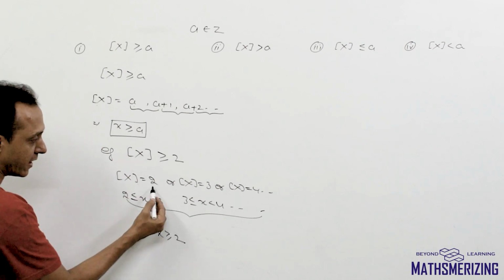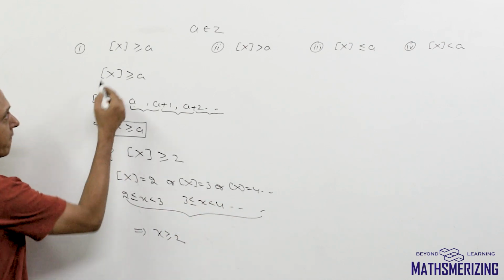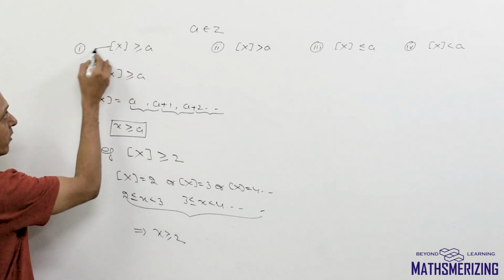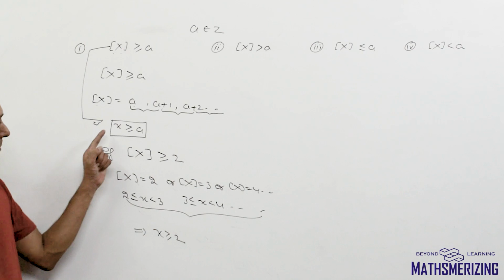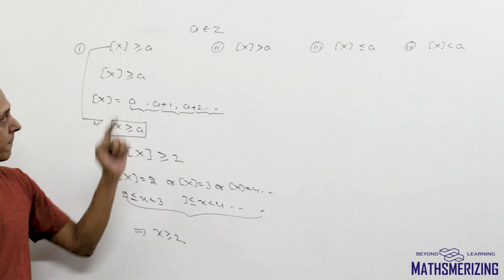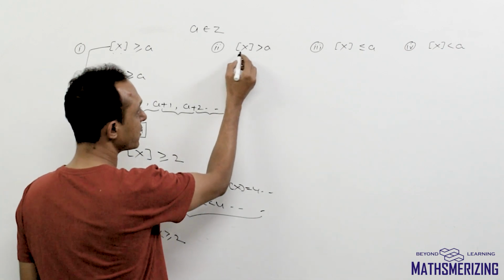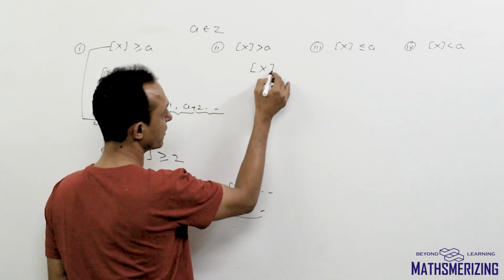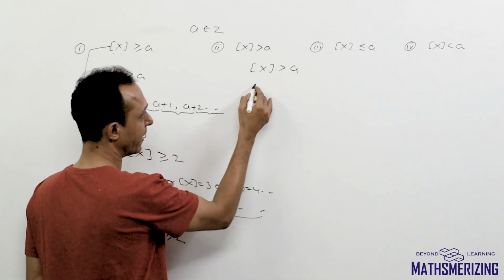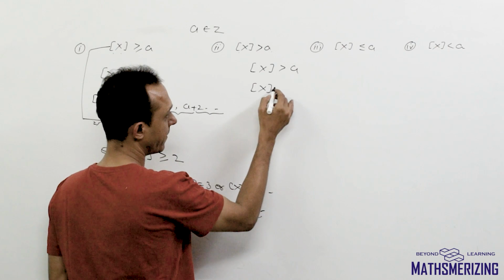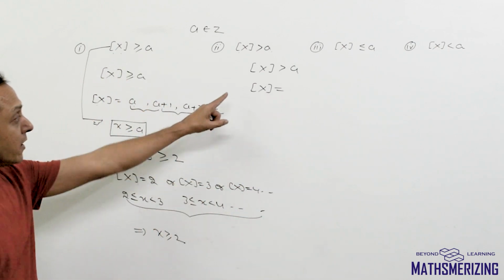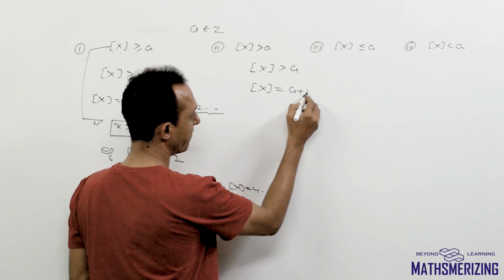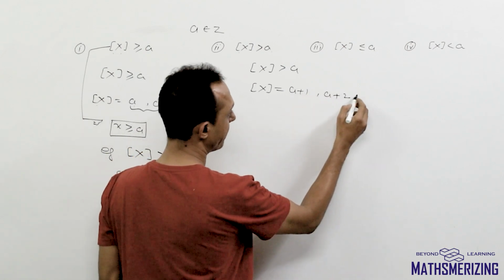So either we can do it using logic, or we can simply remember the result. So if greatest integer function of x is greater than or equal to a, then the result is x should be greater than or equal to a. Now what if greatest integer function of x is greater than a? In this case, the minimum value of greatest integer function of x will be a plus 1, then a plus 2.